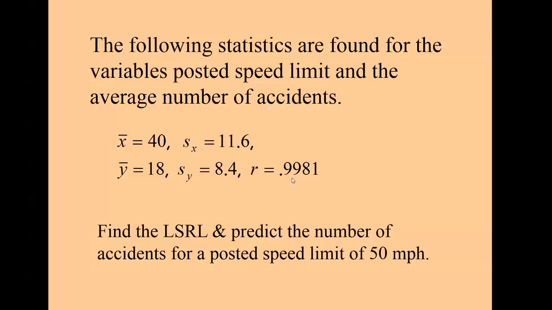So we'll get the correlation coefficient, the mean of the x's, the standard deviation of the x's, the mean of the y's, and the standard deviation of the y's. And the claim is, using all of those formulas, we should be able to find the equation, and then we can come back in and use that equation to predict.